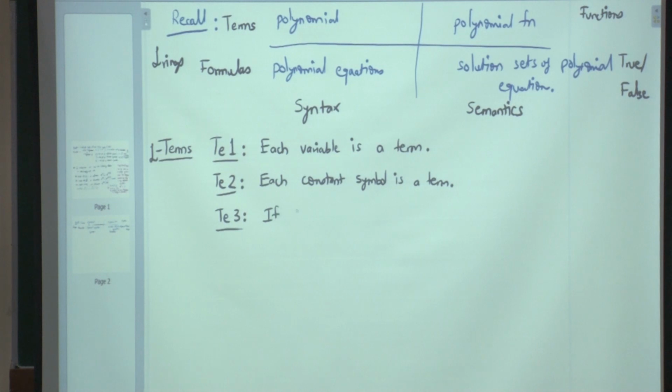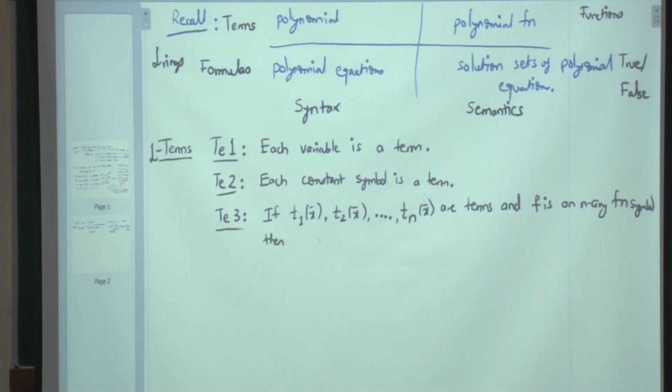If t1(x bar), t2(x bar), and so on up to tn(x bar) are terms, and f is an n-ary function symbol, then f(t1(x bar), t2(x bar), ..., tn(x bar)) is a term.